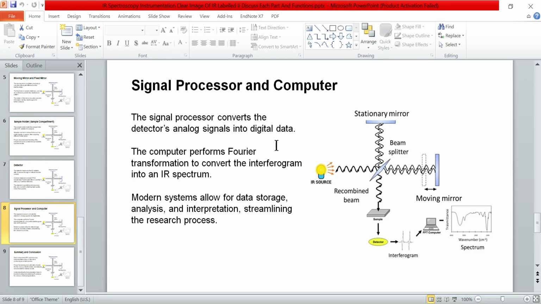So a digital source is very important. The computer performs Fourier transformation to convert the interferogram into an IR spectrum. To get the IR spectrum, the computer is important. To get the digital data, the computer is important. To convert the interferogram into an IR spectrum, the computer is important.